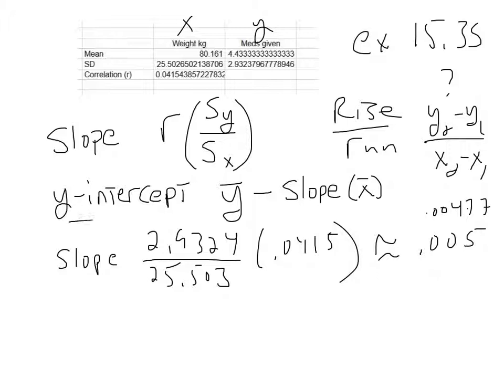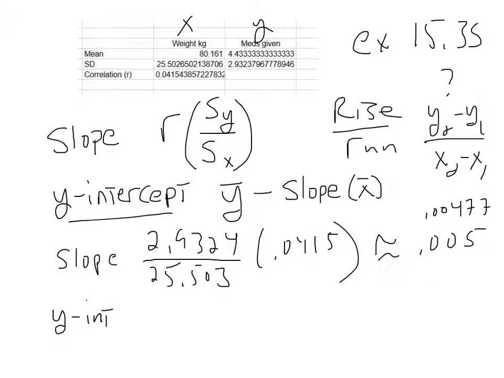And then to find the y-intercept, we take the average of the y's, the y bar, then subtract the product of the slope we just calculated times the average of the x's. We've got to remember to follow order of operations with this.